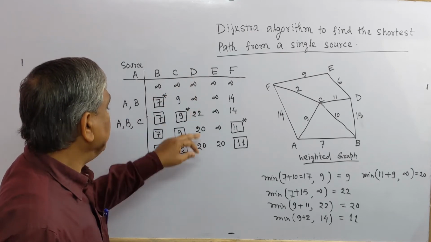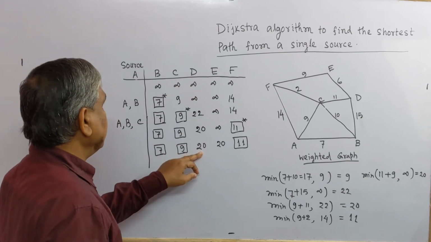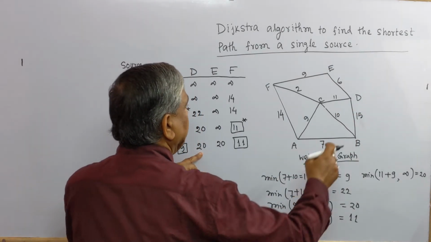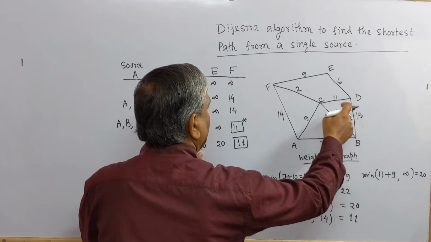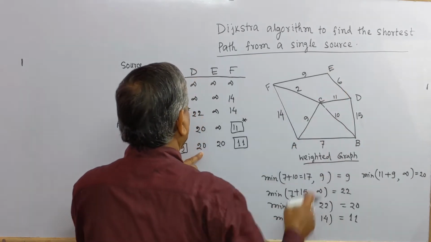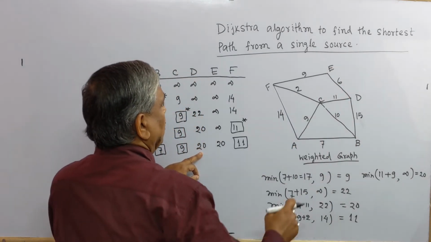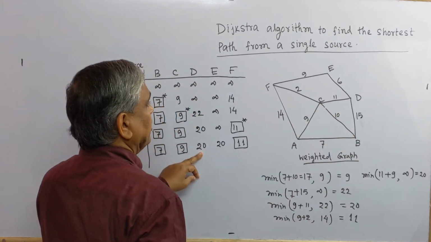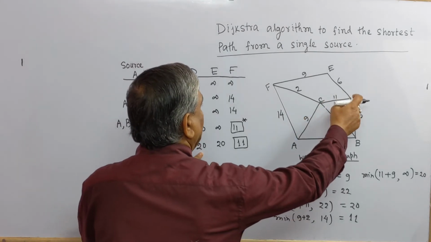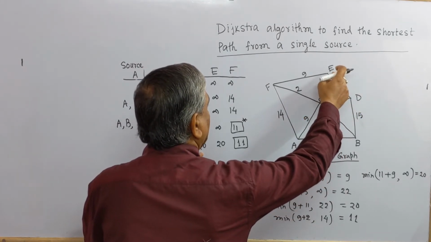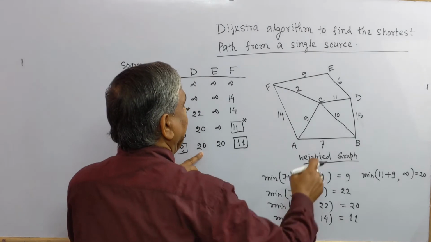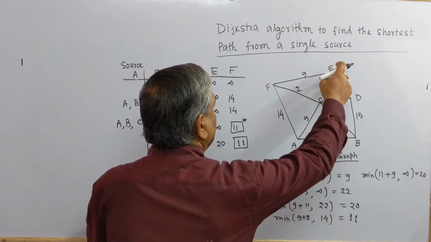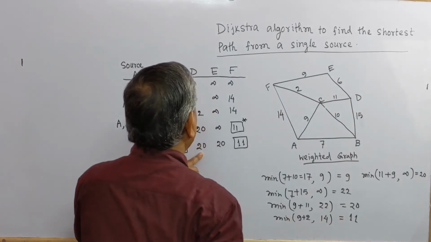This is below D. So we select the vertex D. The vertices adjacent to D are B, C and E. B and C were already stable vertices. So we get only one vertex, E. We have to find the shortest path from A to E via D.